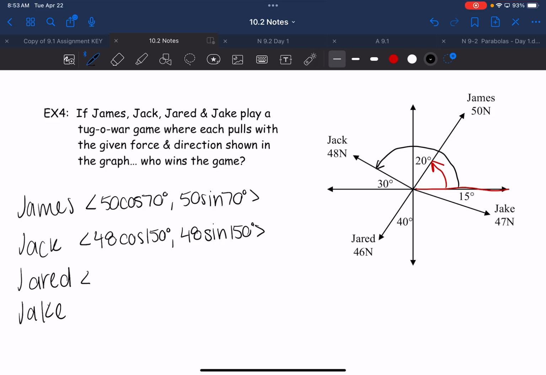And then what was Jared's force? 46. What was his angle? 230. Very good. And then finally for Jake, Jake's force was 47. And what was his angle? Good.